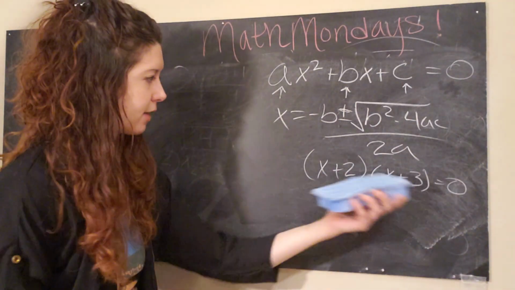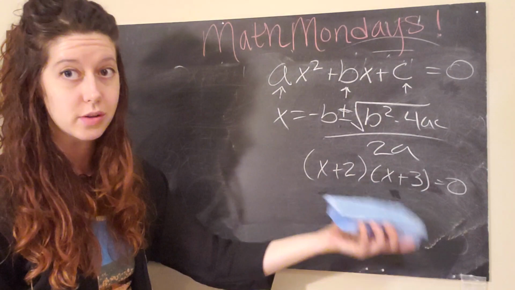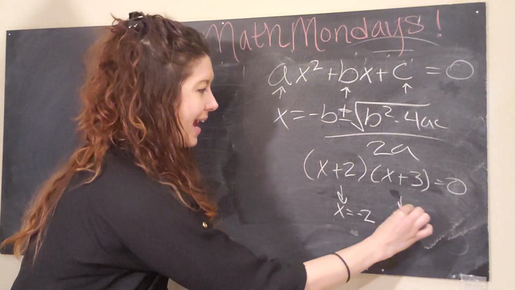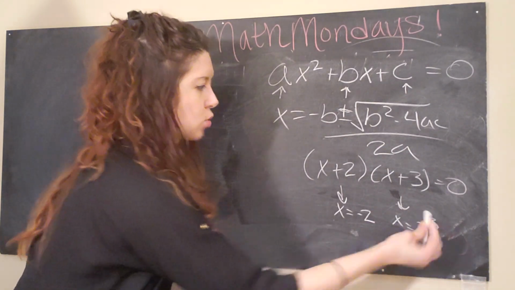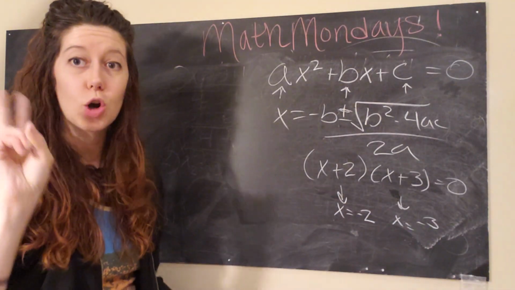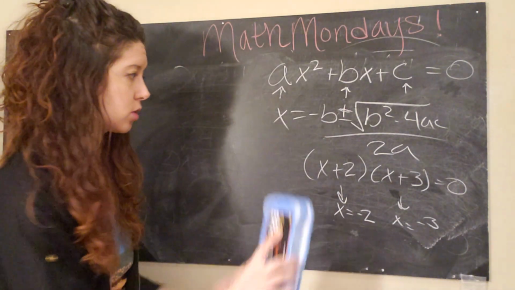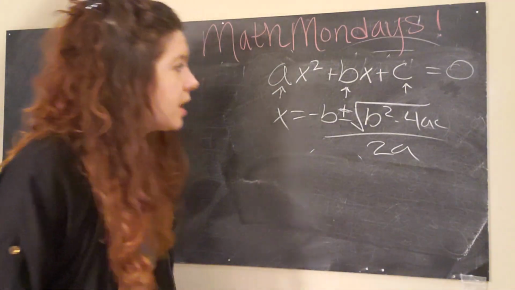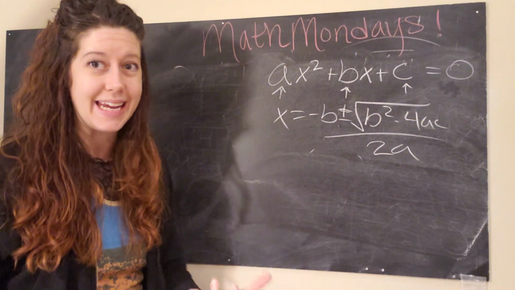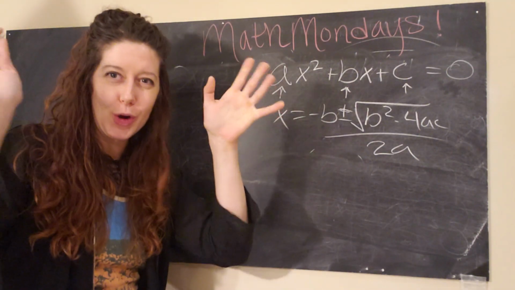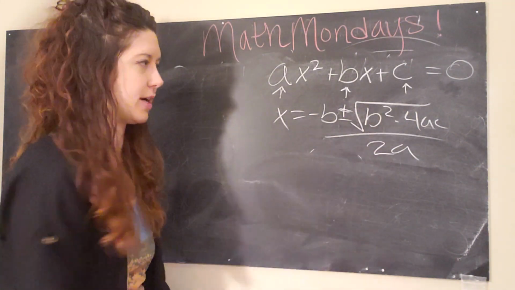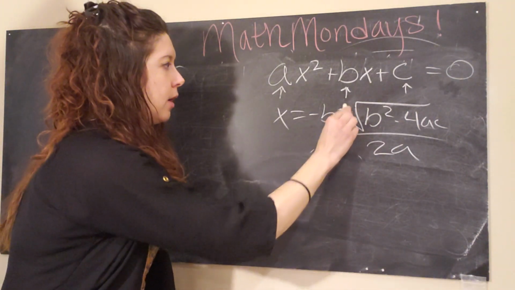In this case, if we had a polynomial that we factored like this, you'll notice that x equals minus 2 and x equals minus 3 solve the equation. So there are 2 possible answers that are both equally valid. And that is actually baked into the quadratic formula. Woohoo!